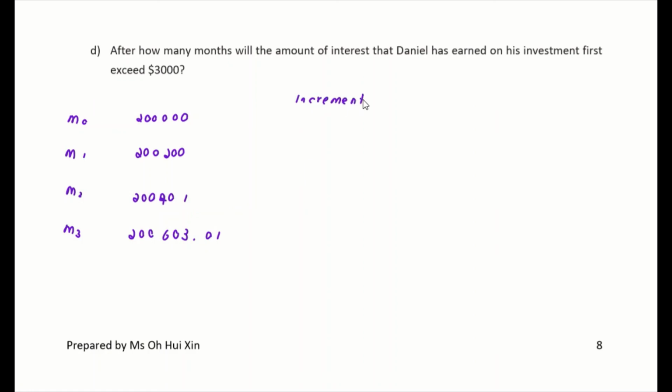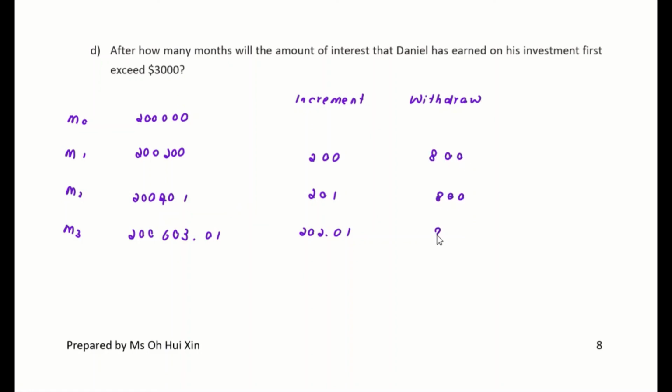In this case, after the first month it increased by 200, then increased by 201, then increased by 202.01. At the same time, Daniel withdrew a fixed amount of 800 every month as well.